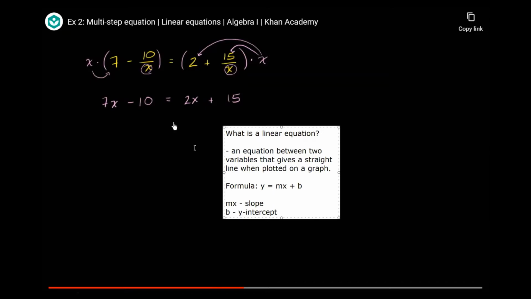So in this problem right here, your 7x, that is your slope. In this equation right here, your 2, that is your slope. The -10 is your y-intercept when you plot this onto a graph, which I will show you guys later down the road, probably in a couple more lessons. And then your 15, that is also your y-intercept as well.